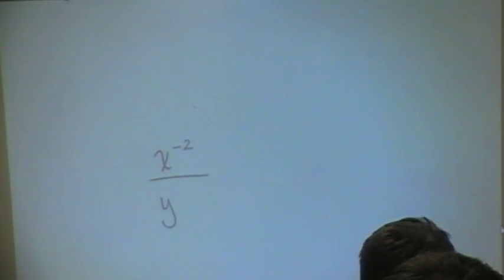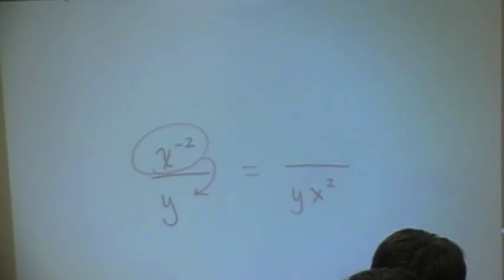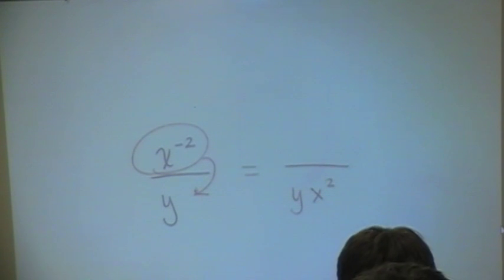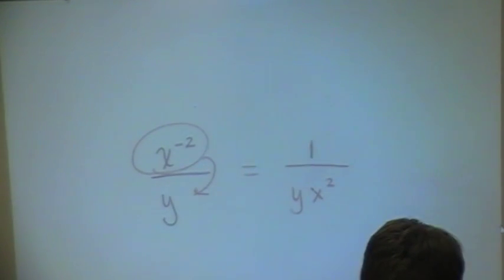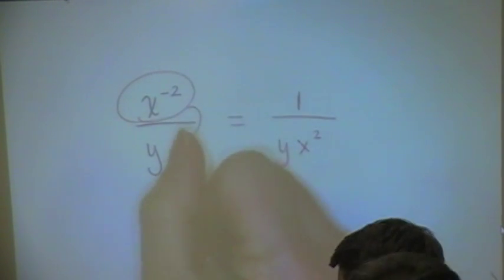He's going to join y in the downstairs apartment, and that will make him oh so happy. So now I have y times x to the positive 2, because he's happy now, but you have to indicate that he's downstairs. This is the upstairs apartment. Nobody lives in there. Does that become 1? Yes? Very good.